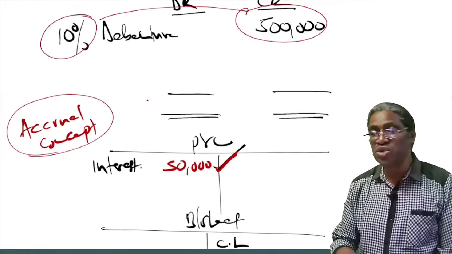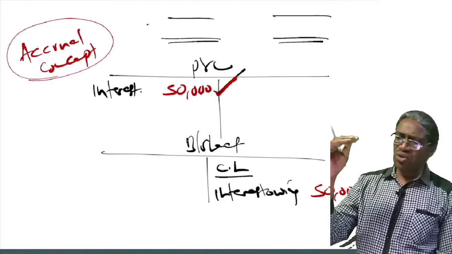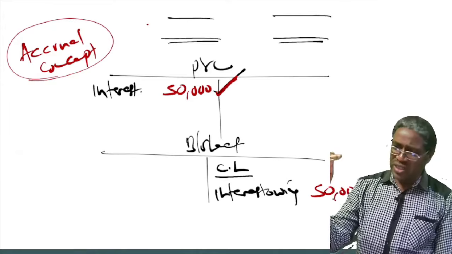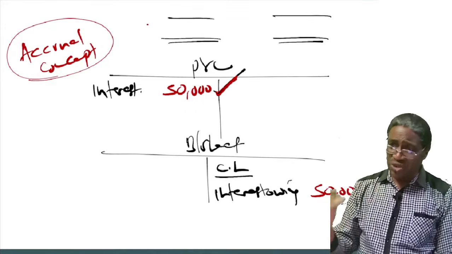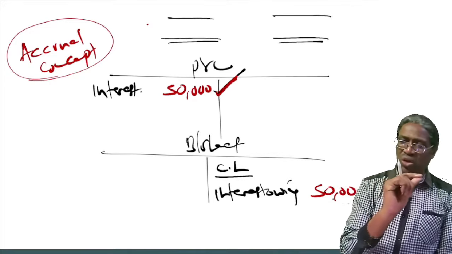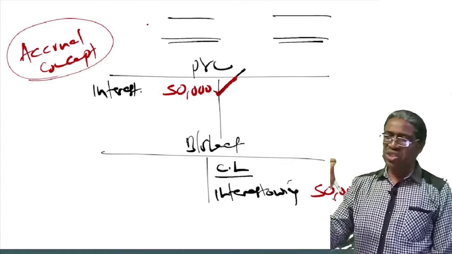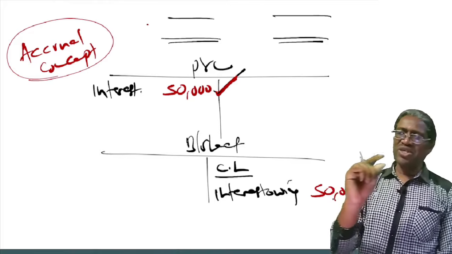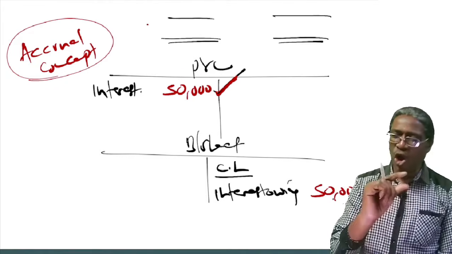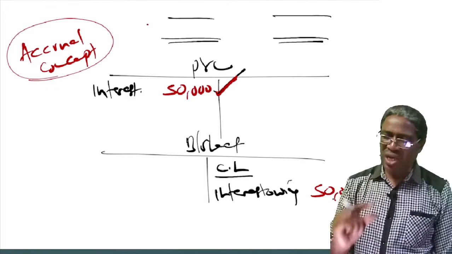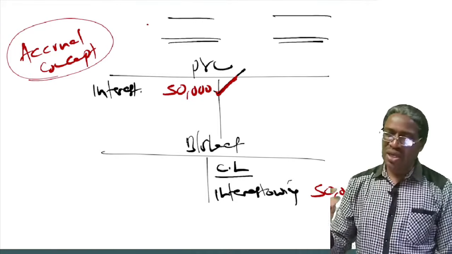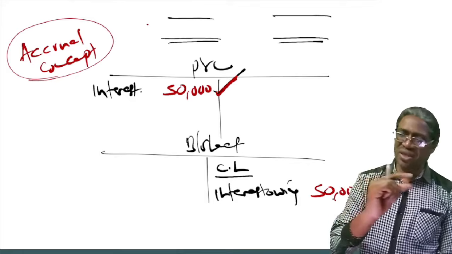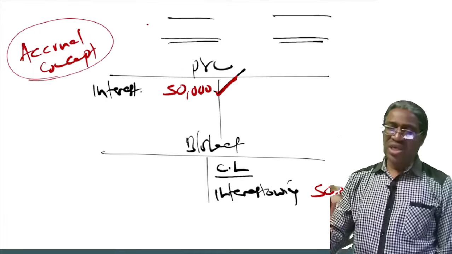You remember I told you that after you have got the totals of the three categories, operating, investing, and financing, get the net of those three, and call it increase in cash and cash equivalent. Then you add the opening cash and cash equivalent so that you get the closing cash and cash equivalent.